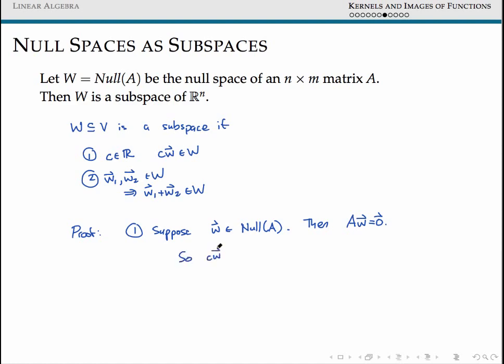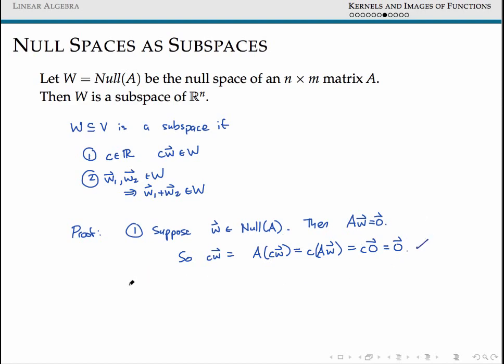So A times cW is c times A times W. One of the properties of matrix multiplication is that I can multiply by a matrix and then a scalar, or by a scalar and then a matrix, so multiplication by A commutes with multiplication by a constant. We already know that A times W is 0, so this is c times the 0 vector, and any constant times the 0 vector is the 0 vector.